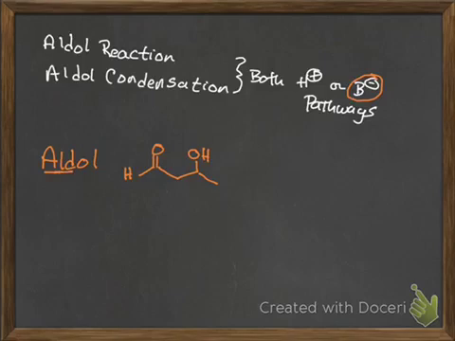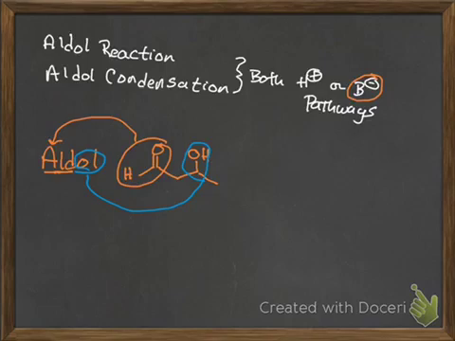The ALD of aldol comes from this aldehyde. The OL of aldol comes from the alcohol here. So, kind of like enamine, this one actually starts to make sense in terms of the name.